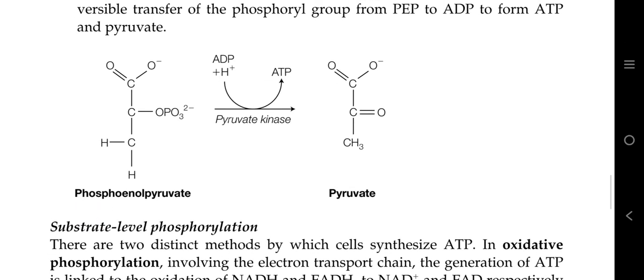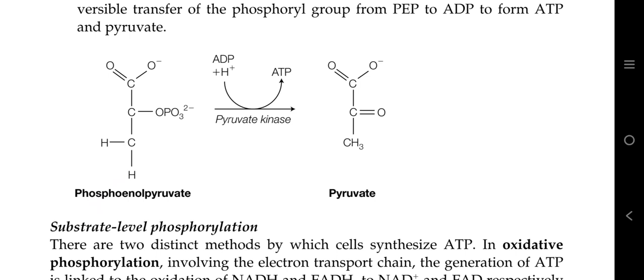In this reaction, phosphoenolpyruvate is converted into pyruvate, and this reaction is catalyzed by pyruvate kinase, which transfers this phosphate from the second carbon to ADP, and it forms ATP. The molecule that is left after this reaction is enolpyruvate.